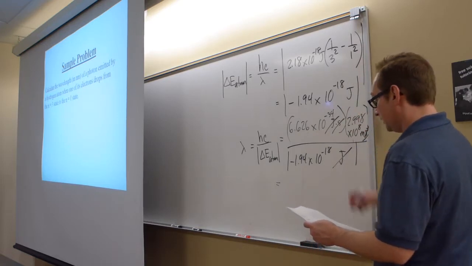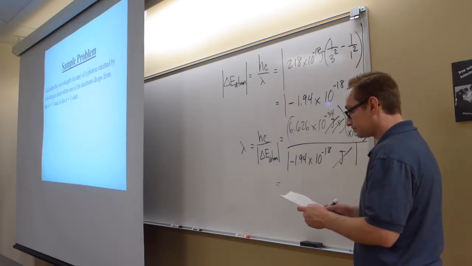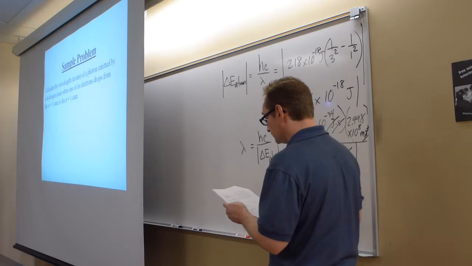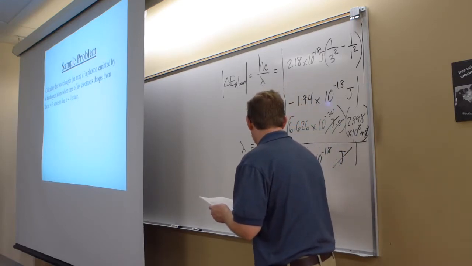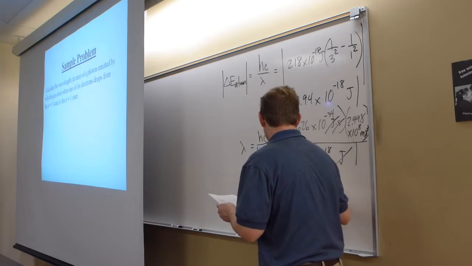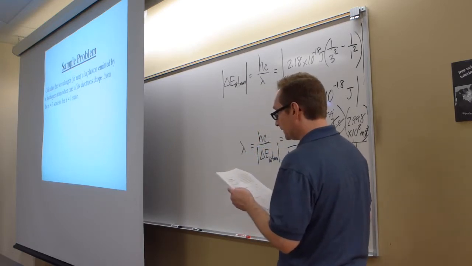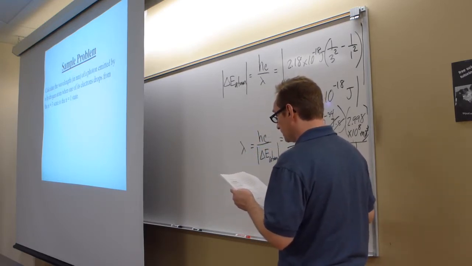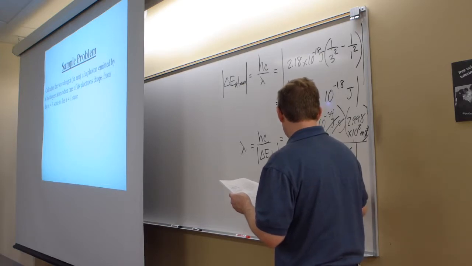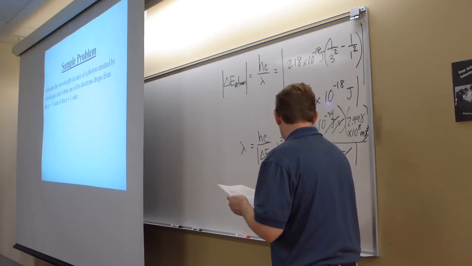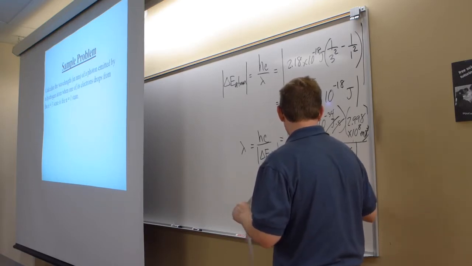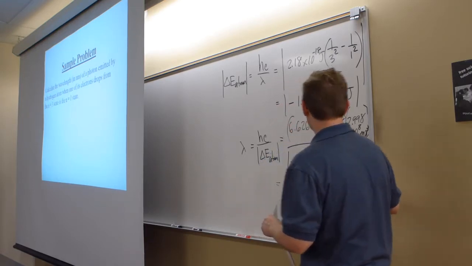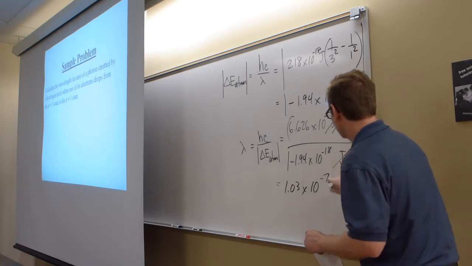So what you'll end up getting is 1.03 times 10 to the minus 11th? No, minus 7. And the unit will be in meters.